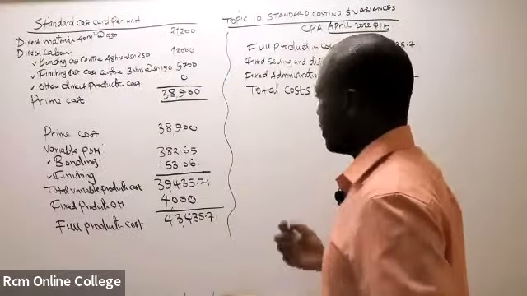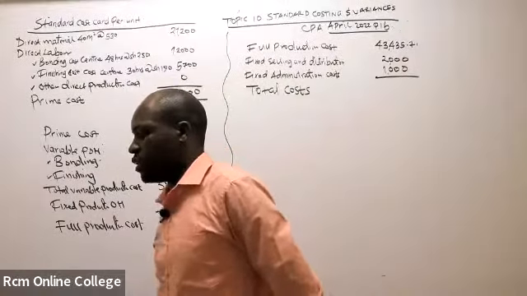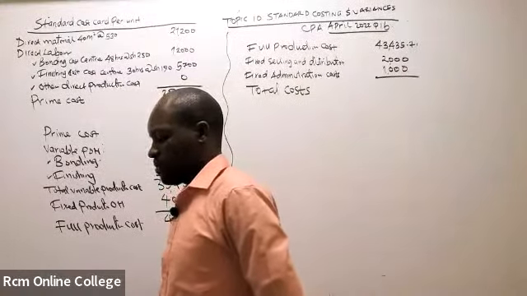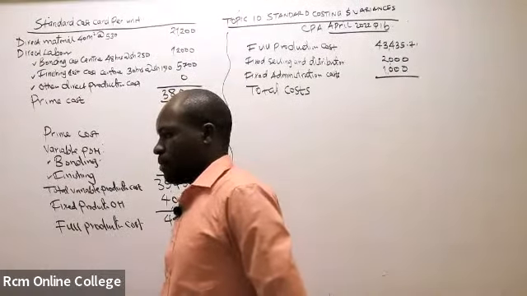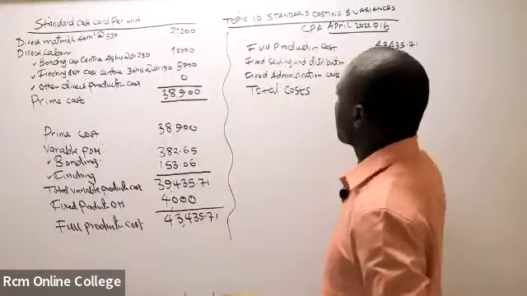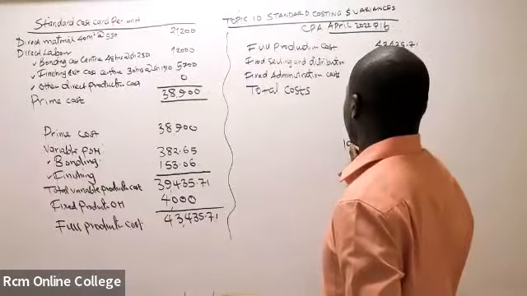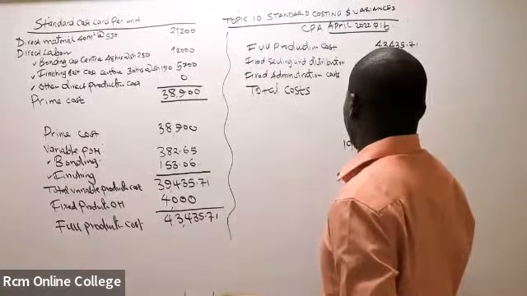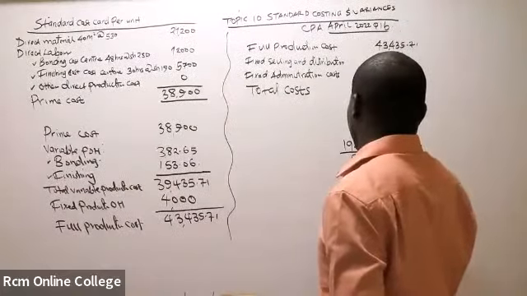Please repeat. Which part are we not getting? Which part should I repeat? Last part is not specific. Which one? Admin cost. Fixed production and selling, tunachukua 19,600,000. We divide by 9,800 units.